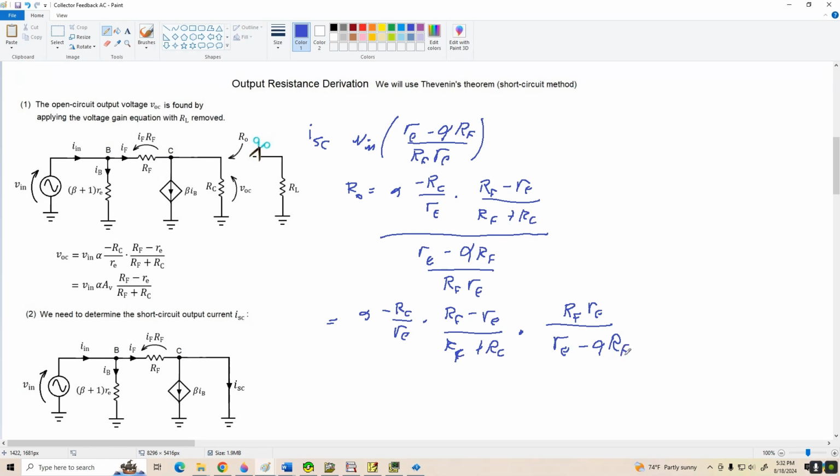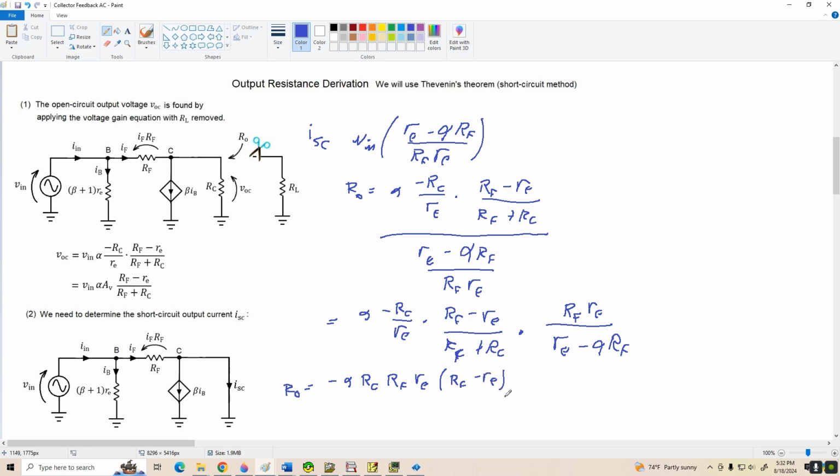Whew, boy. Okay, now let's take all these pieces and put them together and make something hopefully a little bit nicer. So we've got RO equals, let's do negative alpha times RC, and I'll bring this factor over, times RF times little re times this middle term, and that's going to be RF minus little re.